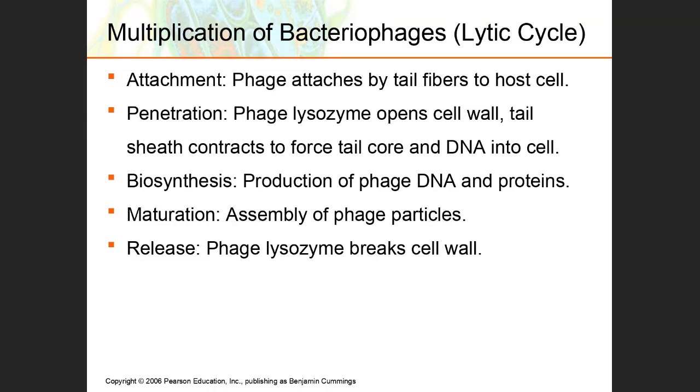So when a bacteriophage lands on a bacterial cell, it uses its tail fibers to attach to the cell surface receptors, and then it uses lysozyme, an enzyme that breaks down cell walls of bacteria, so that it can inject its DNA inside the bacterial cell. The sheath contracts kind of like a syringe and squirts the DNA inside.